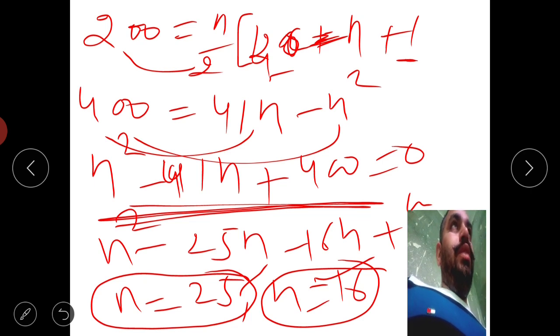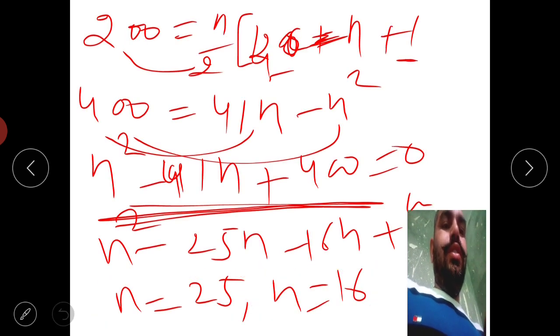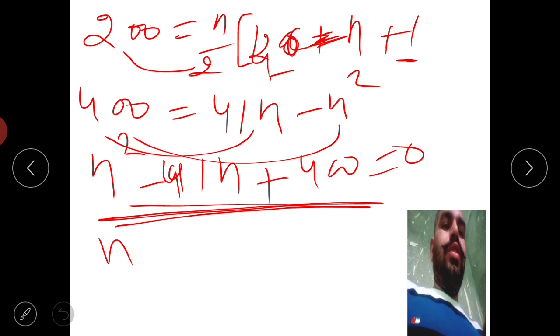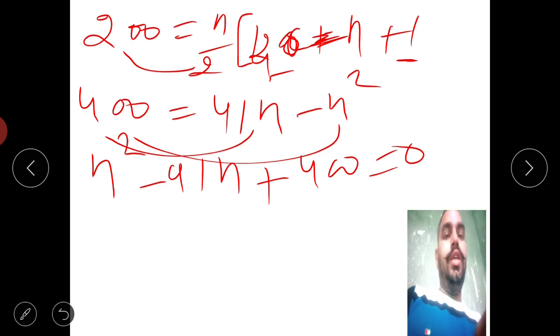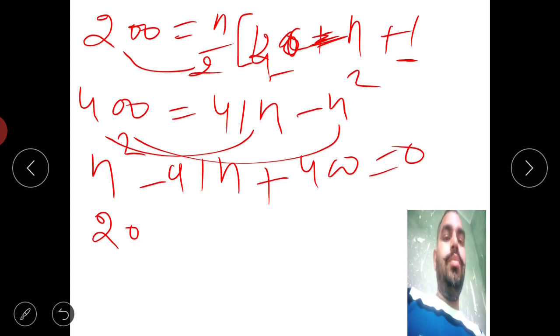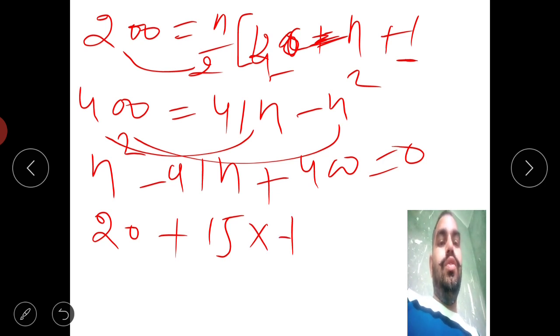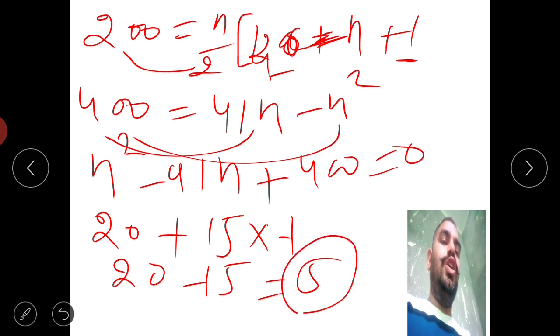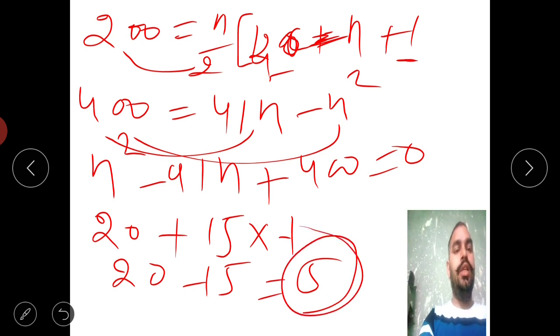A is 20 plus n minus 1, 16 minus 1 is 15, into d, which is minus 1. So 20 minus 15, that is 5. So how many logs are there in the 16th row?